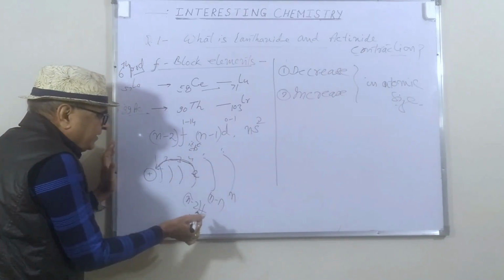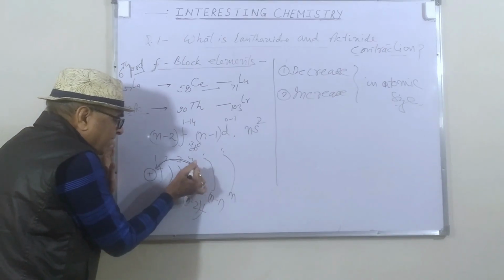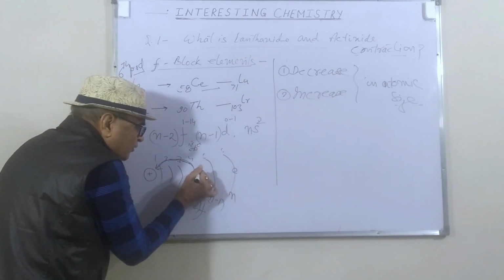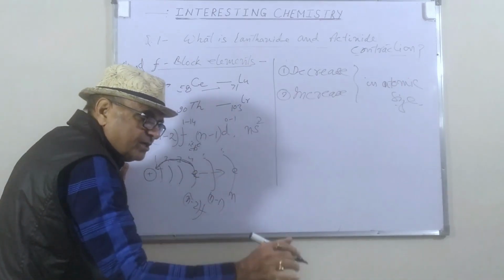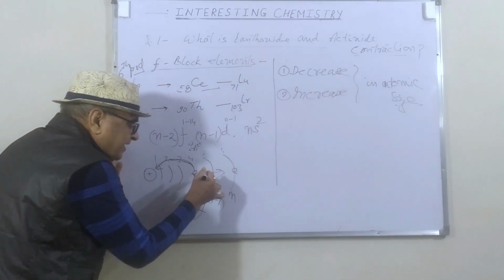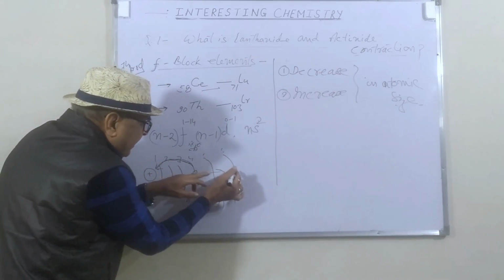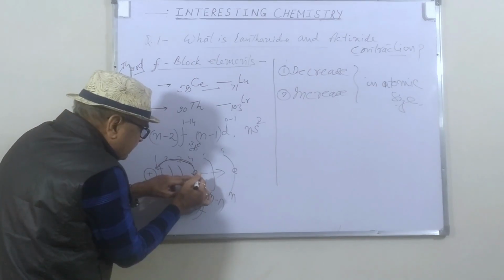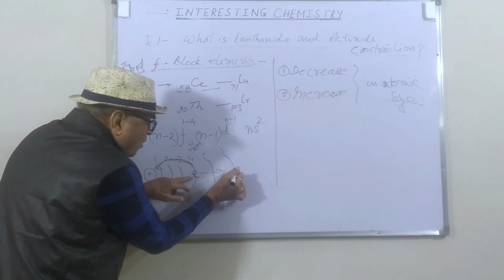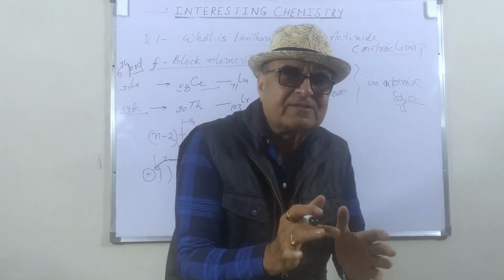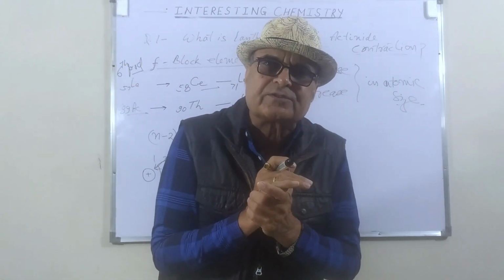On the other hand, due to the entrance of this electron, the electron repulsion will increase, the shielding effect will increase. Hence the outermost shell electron will experience less attraction of the nucleus.